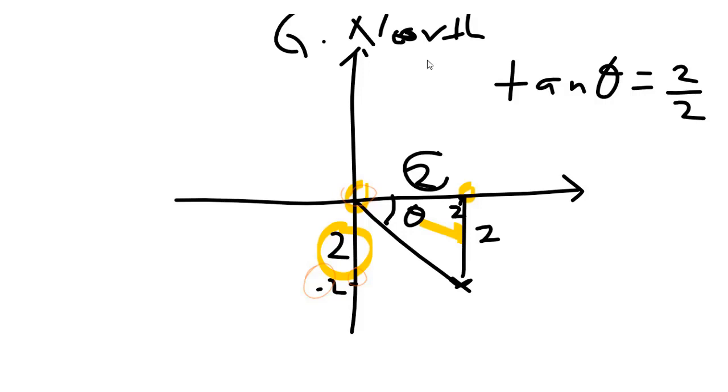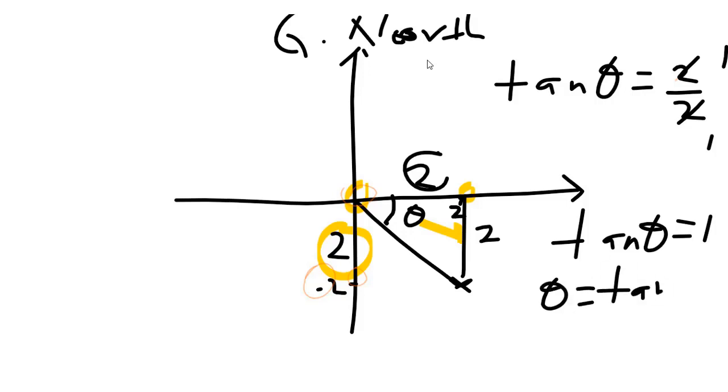So now we have tan theta equals 2 over 2, which is 1. So tan theta will be equal to 1. To find theta, we need to take the tan inverse of 1. So theta will be equal to tan inverse of 1, and the tan inverse of 1 is 45.